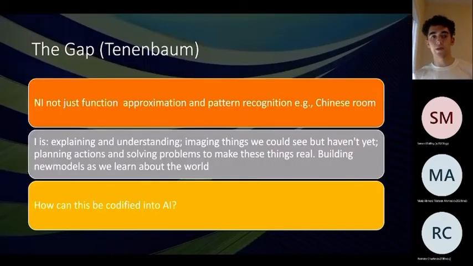So, the gap between AI and NI. Tenenbaum says natural intelligence is not just function approximation and pattern recognition with these neural networks, like the neural network we just saw. It's essentially recognizing a pattern. You can have a bunch of different inputs, and the system gets refined.